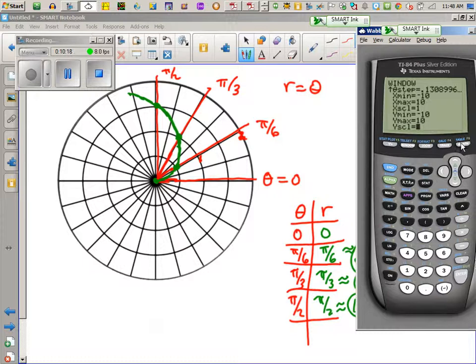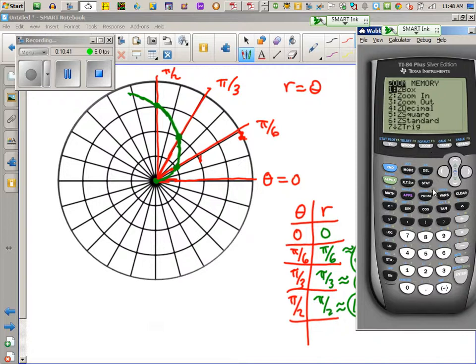Okay, now it's time to press graph. We're going to see probably not all 50 loops. It looks like it only made it around a few times. But if I zoom out, I'll get to see potentially up to 50 loops. Now my calculator is still thinking, so I would like it to stop thinking. So I'm going to press on, which will stop the processor and allow me to do my zoom out.